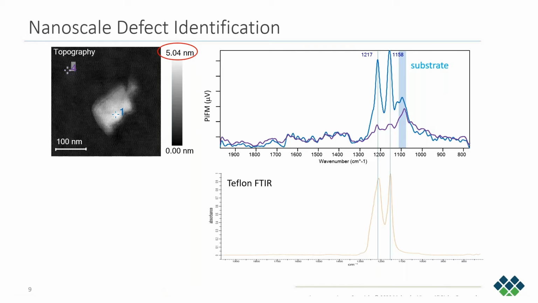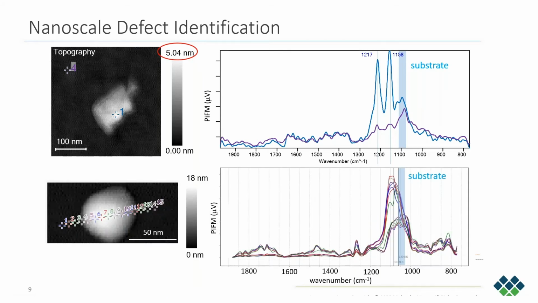You can go on top of the particle to generate the blue spectrum, and then go to the substrate to generate the purple spectrum. It turns out that this particle matches the Teflon peaks very well, giving a very clear indication that it is a Teflon particle.